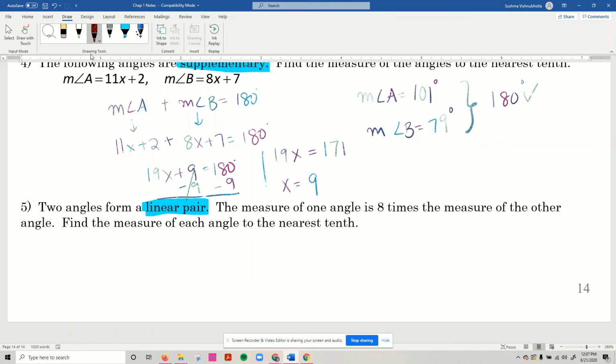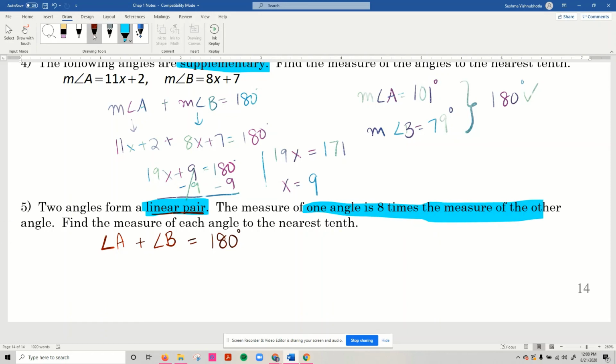I don't know what both of those angles are, but let's say I'll call one angle A and I'll call the other angle B. So if they're a linear pair, I know they're on a straight line and I know that they're supplementary. Right now I can't find A or B, I have two unknowns. Now the measure of one angle is 8 times the measure of the other.